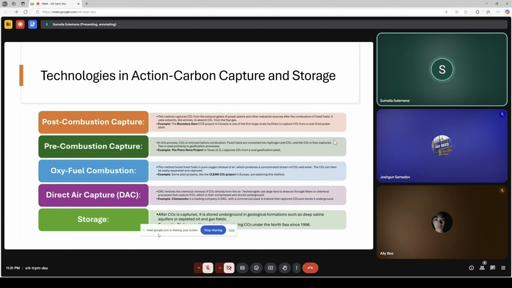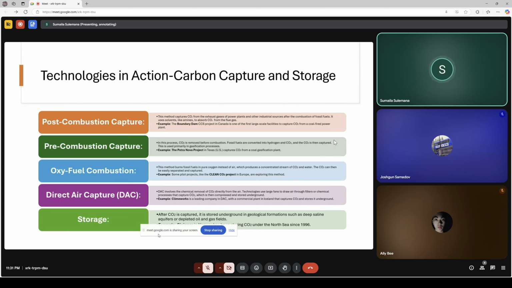The company is mostly the leading company in DAC with a commercial plant in Iceland. What they do is they capture CO2 using their DAC tech, and they store it in basaltic formations, which, because it has ultramafic and mafic content rock in it, is able to mineralize with the CO2 in solid states for permanent storage.